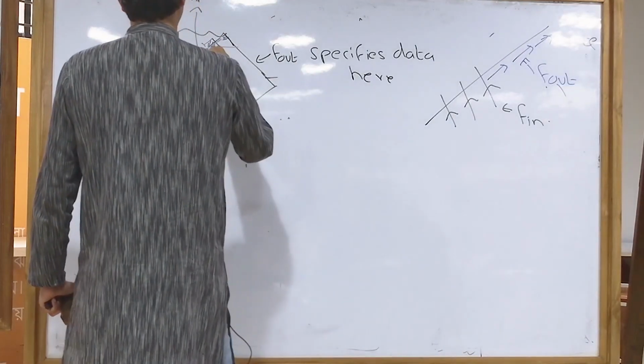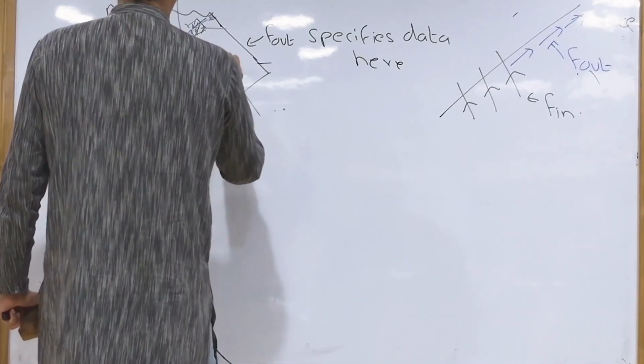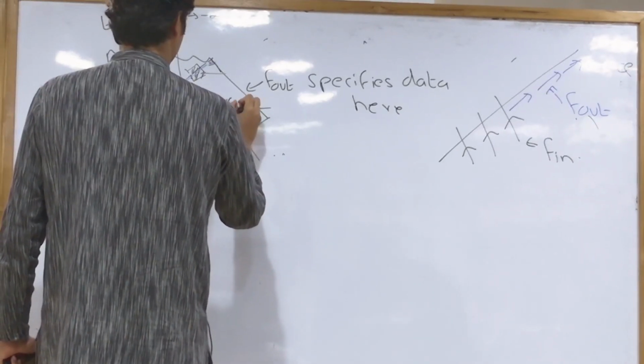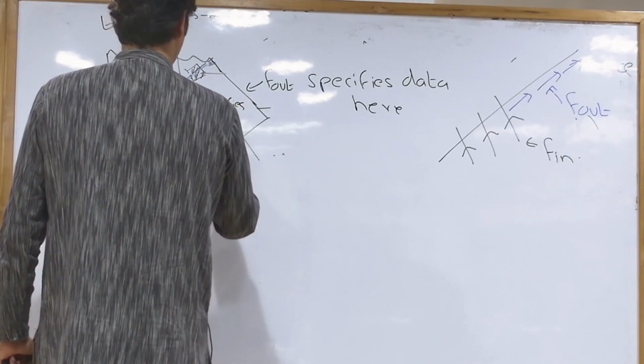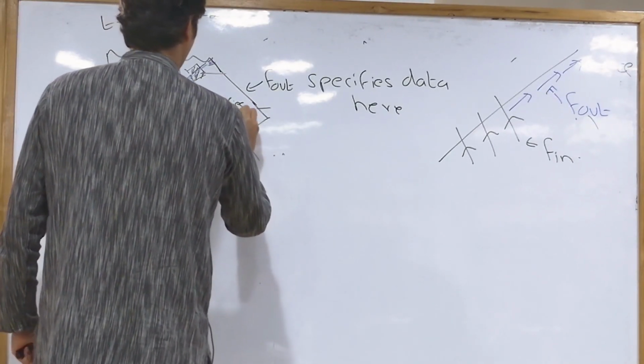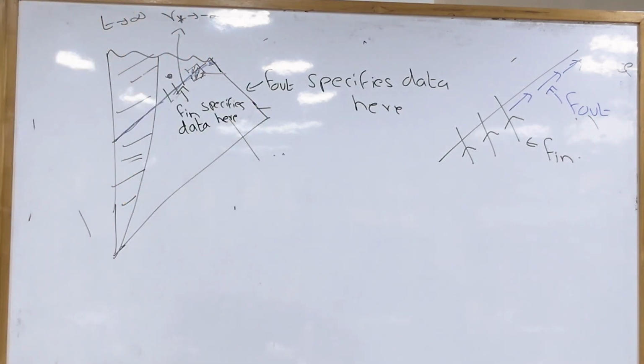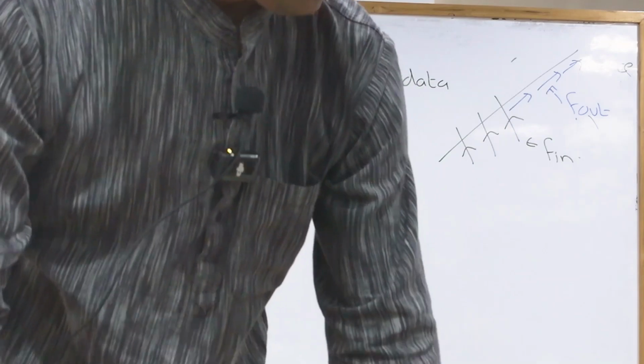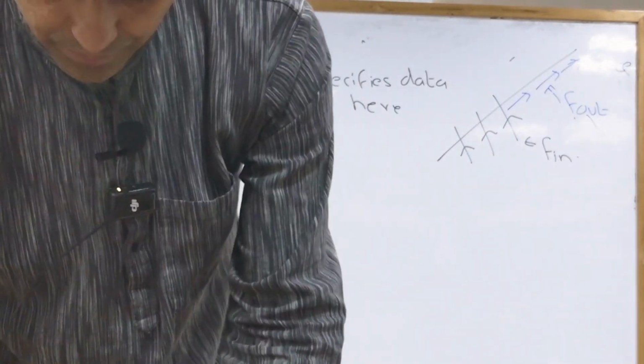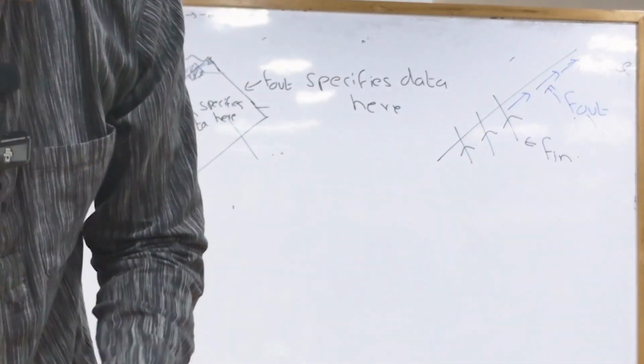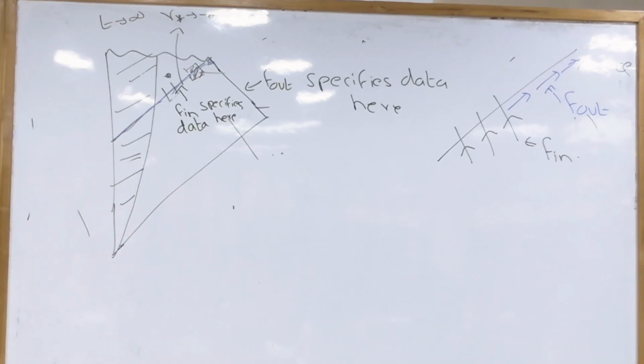And this solution f in specifies data here. So what we are doing is imagining that on the future you can specify data on two parts of the future boundary.